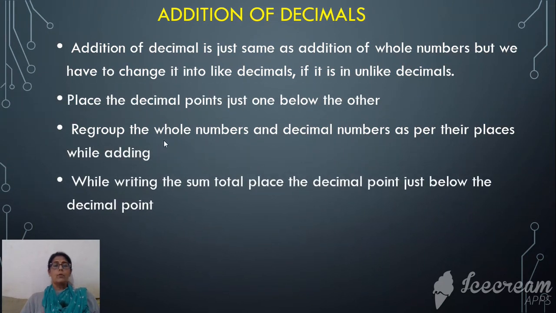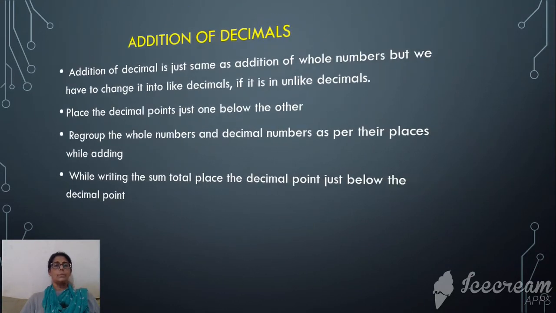Then we have to be careful while writing the sum total. The decimal point we have to write just below the decimal point. Means while writing the answer also, we have to write the decimal point exactly below the decimal point. Understand? Now I will explain with an example.